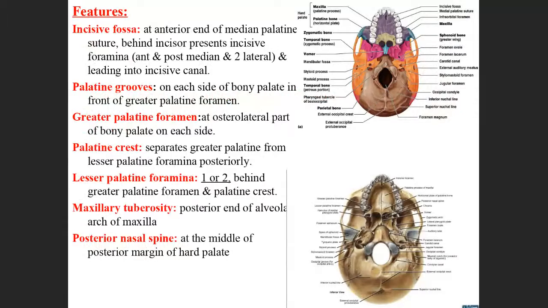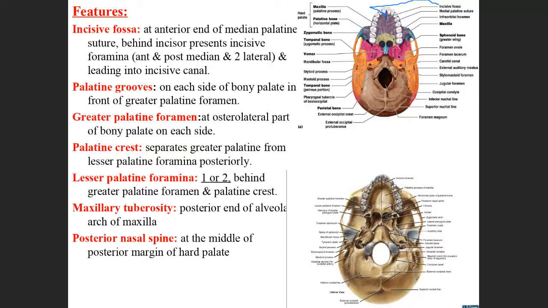Next, what are the other features? Okay. So what are the openings? The incisive fossa. What is the incisive fossa? It is a fossa or an opening present here. This one. This is the incisive fossa, at the anterior end of the palatine bone.